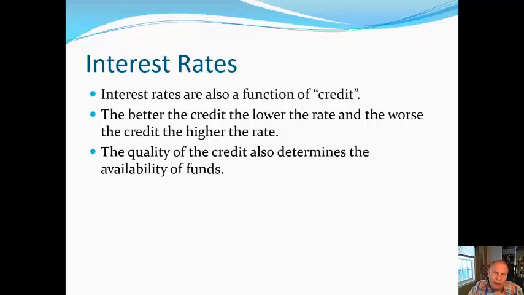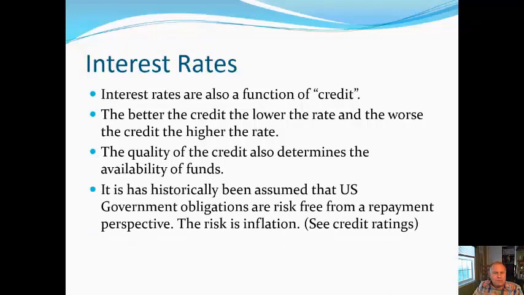One of the things when we look at this is historically it's been assumed that U.S. government obligations are risk-free from a repayment perspective. Okay, that the government will always pay you the amount of that bond. So if you have a government bond for $100,000 on maturity, you will get paid that $100,000. There is no risk associated with that.